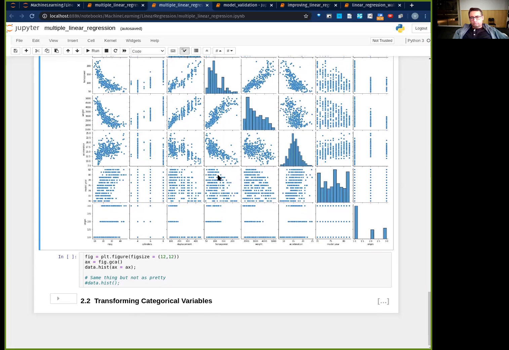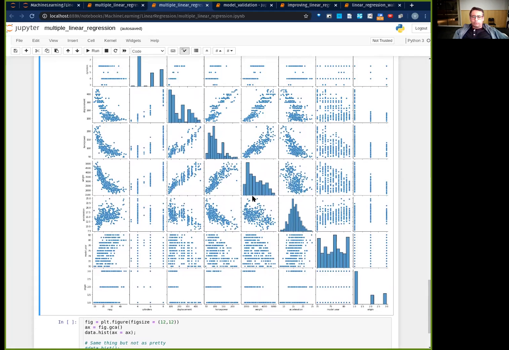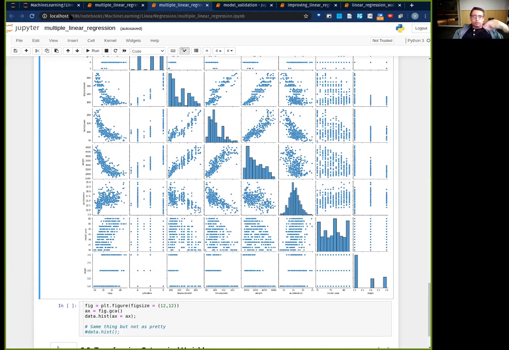Any other questions about what we're seeing here, or how we can use this? Yeah, I have one quick question. If you look at the horsepower, the weight, and the displacement, especially in that first column, they seem to be very similar.